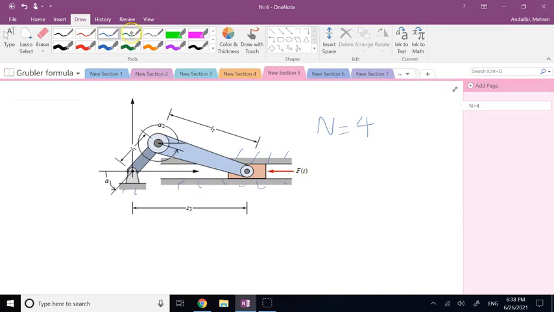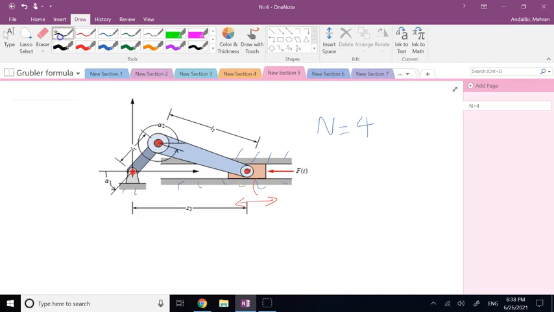And the number of low pairs, the ones that take away 2 degrees of freedom, are: you have 1 pivot here, 1 pivot here, 1 pivot here, that's 3, and then you have the prismatic joint here. Okay, there is no contact other than this prismatic, which takes away 2.